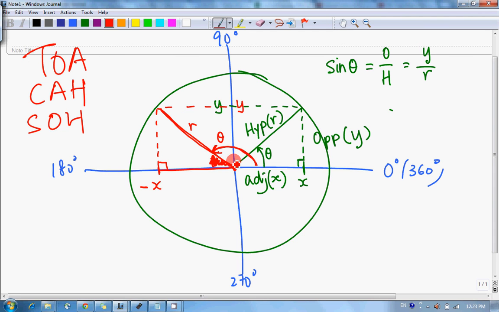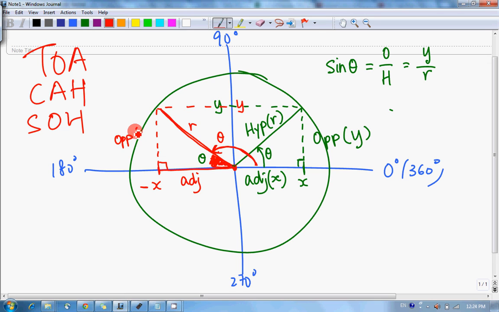And since just now we said this is a mirror image, this angle has the same value as the green theta. So with this angle, if this is the angle that we are looking at, this will be adjacent, this will be opposite.